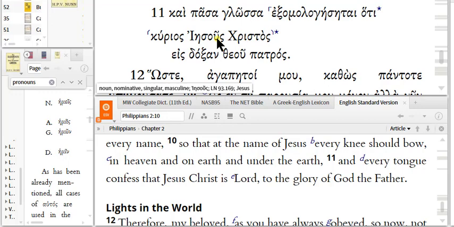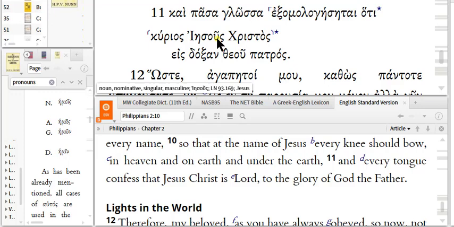Can I say me Tarzan, you Jane in Greek? Yes, I can. Right? I don't have to have the verb eimi to be able to say that something or someone is something. Greek can omit the verb to be, the copula, or it could be overt or explicit. So here, this is a statement. It's an assertion. Every tongue will confess that Jesus Christ Lord, meaning Jesus Christ is Lord.